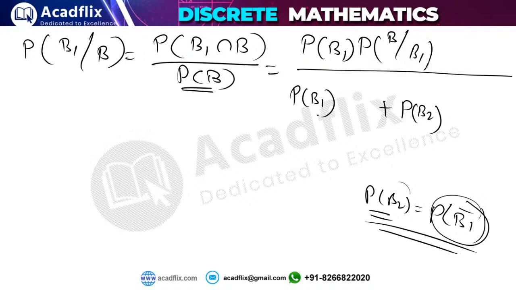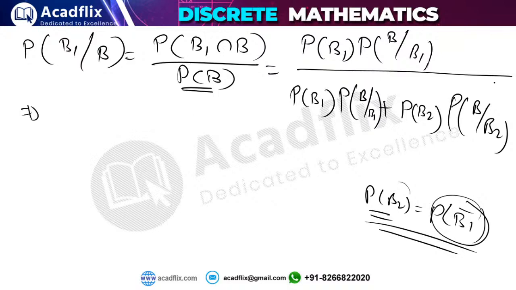So P of B is P of B1 times the probability of selecting a blue ball from B1, plus P of B2 times the probability of selecting a blue ball from B2. This is your base formula. The probability of box 1 is half.